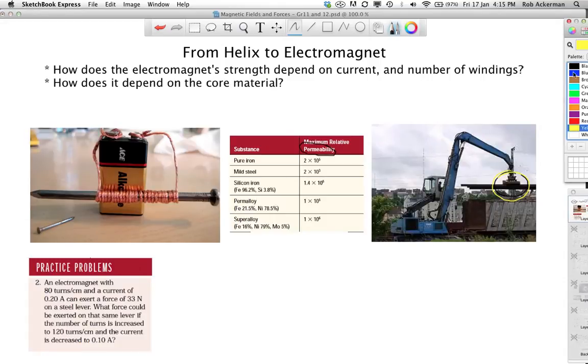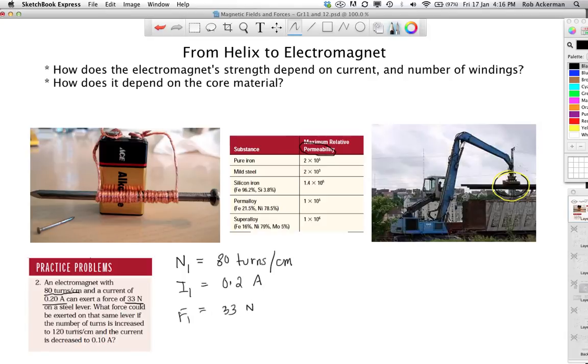Let's try a question from the grade 11 textbook. It says an electromagnet with 80 turns per centimeter and a current of 0.2 amps exerts 33 newtons of force. So let's call this N1 for the number of turns per centimeter, 80 turns per centimeter, and the current I1 is 0.2 amps. The force that we get from this is 33 newtons.